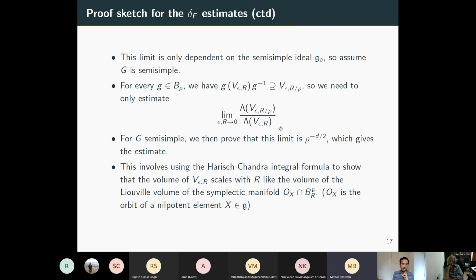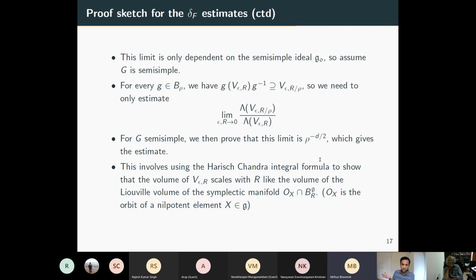This does take some work, but we can show that the limit of this is this factor rho to the negative d over 2. I'm not going to get into how, it is a little involved.